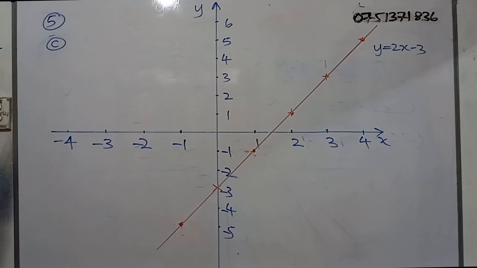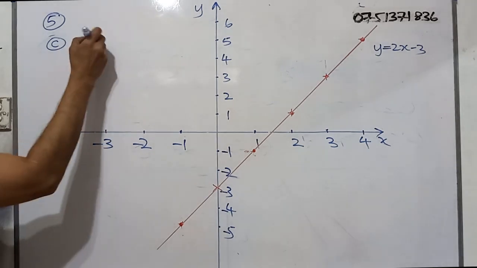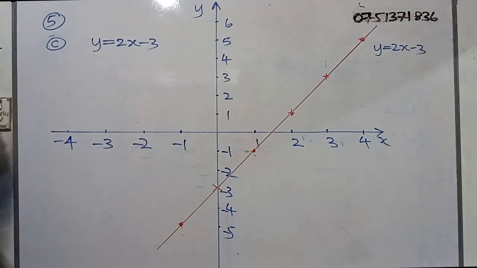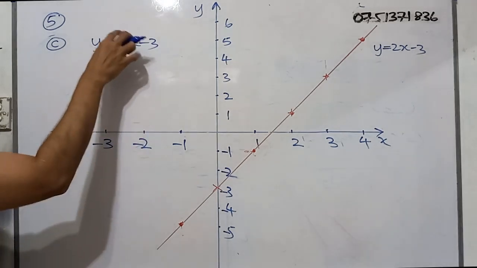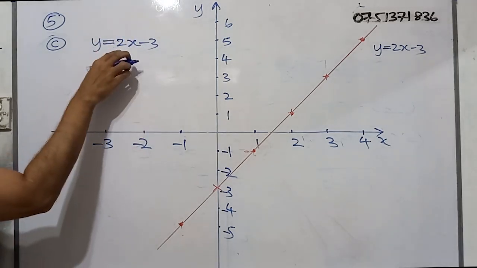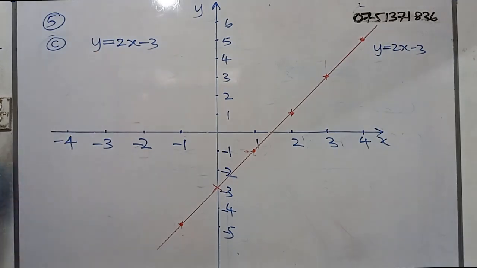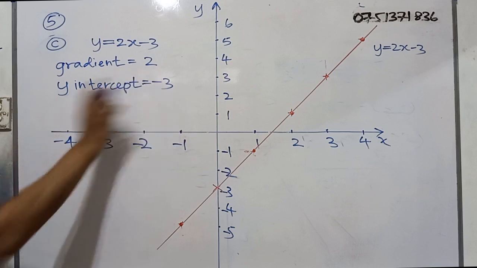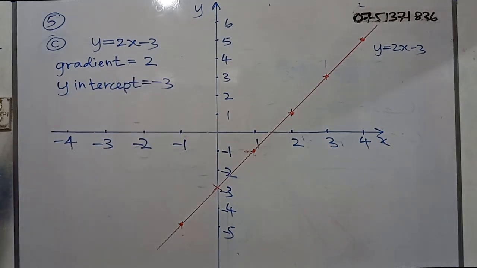Part C. So we need to come up with the gradient and the y-intercept by observing the equation of the graph, right? So equation of the graph is what? y equals 2x minus 3. So here 2 will be the gradient, negative 3 will be the y-intercept.